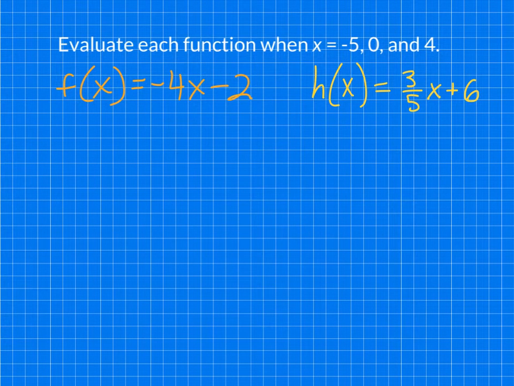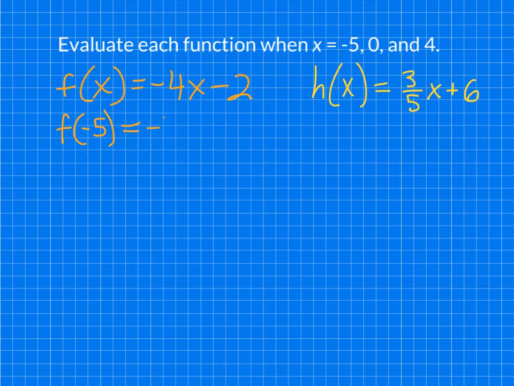Let's take a look at a couple of examples. Here we have two functions, and we want to evaluate each function when x equals negative 5, 0, and 4. So let's just take this one step at a time. When we're trying to find the value of function f when x is negative 5, we write f, and then in parentheses we write what input we're using. We say f of negative 5. So this tells us the value of f when x is negative 5.